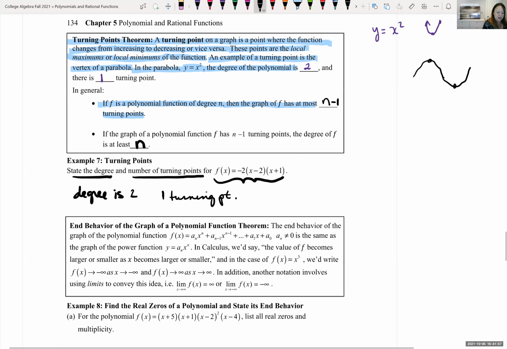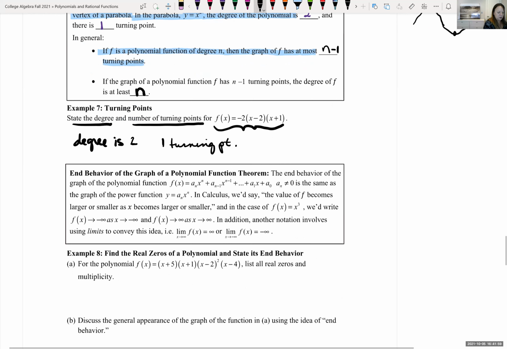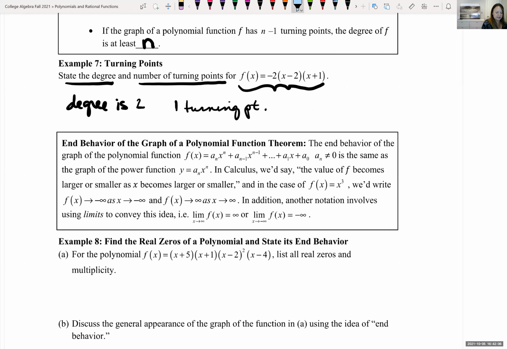So the end behavior of the graph of a polynomial function f of x equals a sub n x to the n plus a sub n minus 1 x to the n minus 1 and so on, a sub 1 x plus a sub 0, where a sub n can't be 0, is the same as the graph of the power function y equals a sub n times x raised to the nth power.